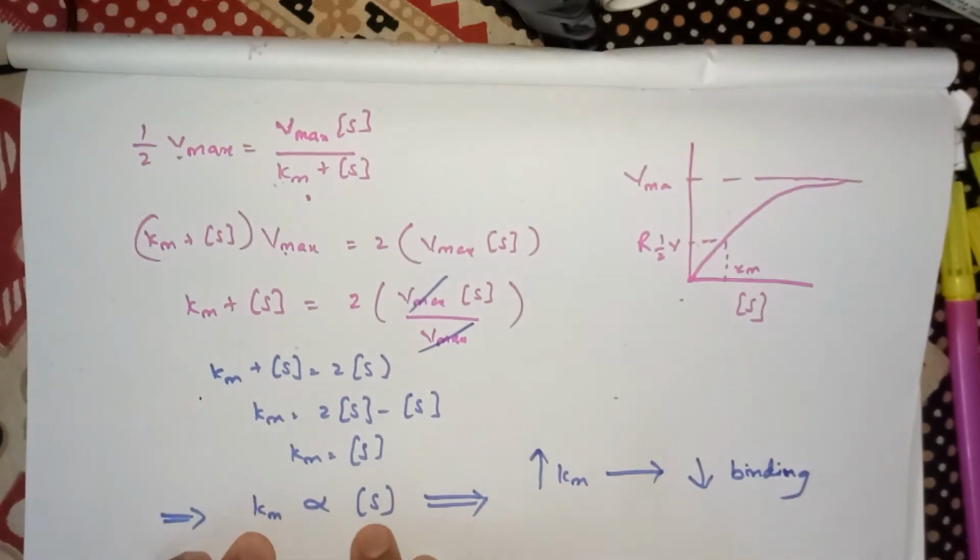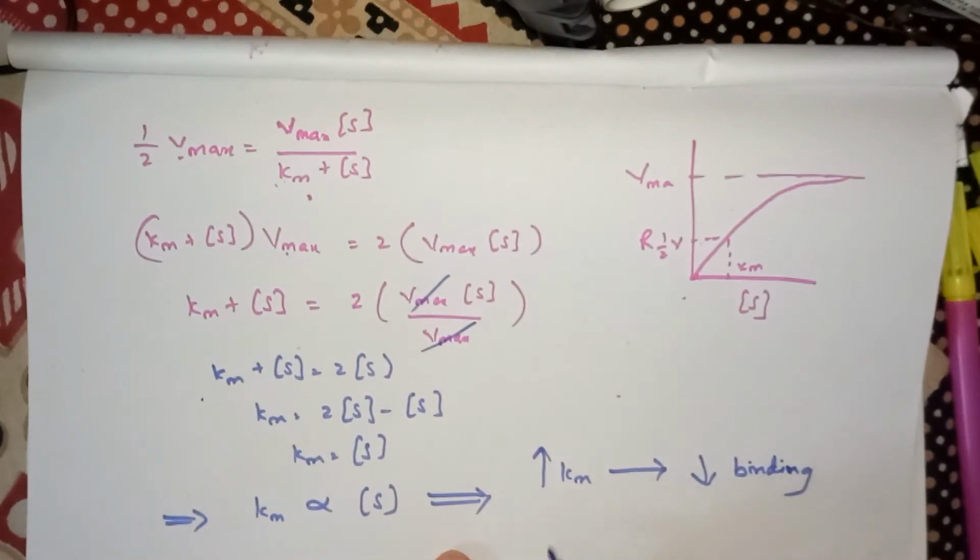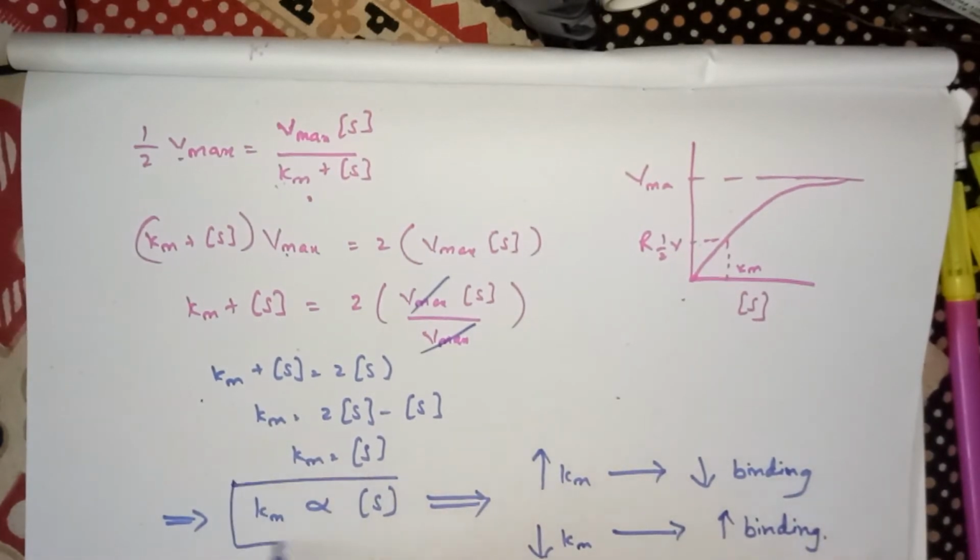Km is proportional to substrate, right? If substrate concentration, that is free substrate, is more, that means the enzyme is not binding with the substrate properly, which also means the binding is less. Similarly, low Km means greater binding. I hope you are clear with this.